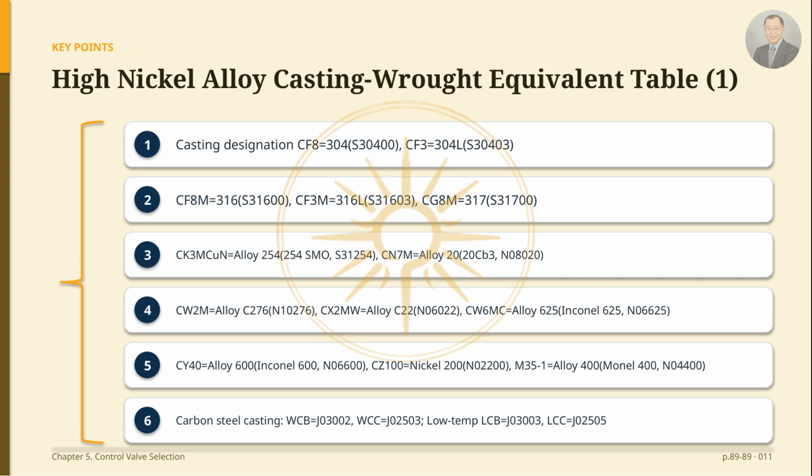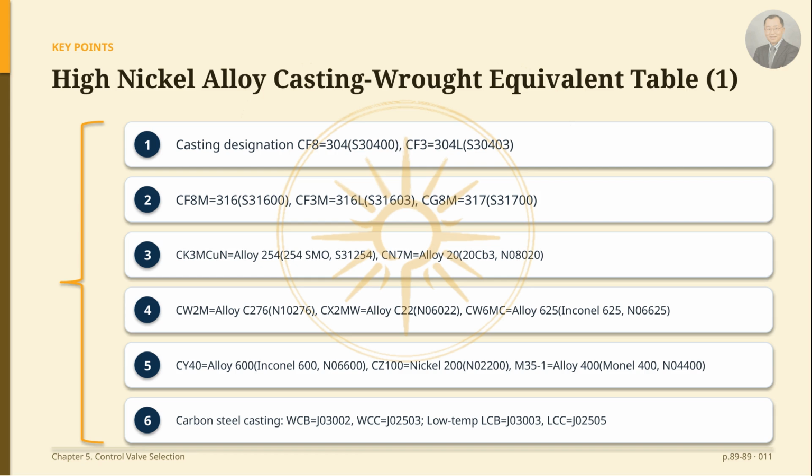CY40 is Inconel 600, alloy 600 with N06600, and CZ100 is nickel 200, alloy 200 with N02200. In the Monel series, M35-1 is Monel 400, alloy 400 with N04400, and M25S corresponds to S Monel.